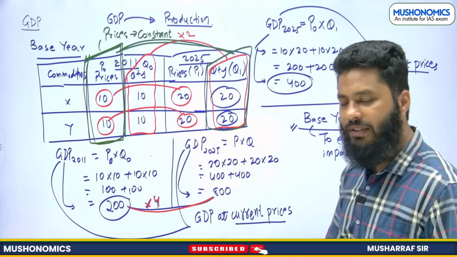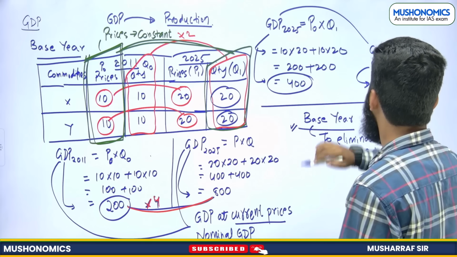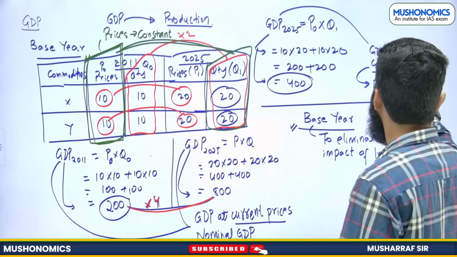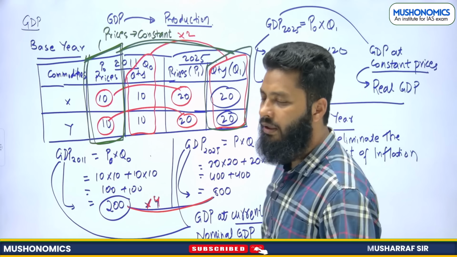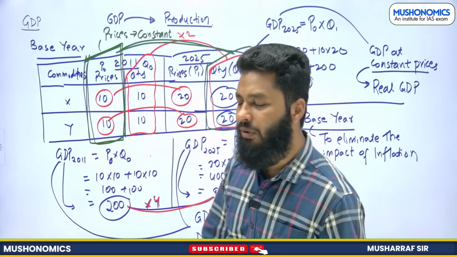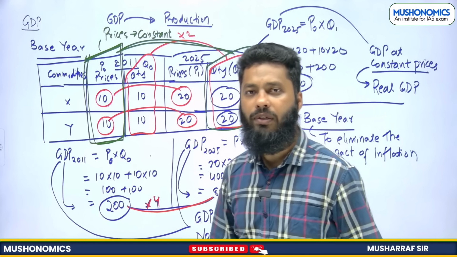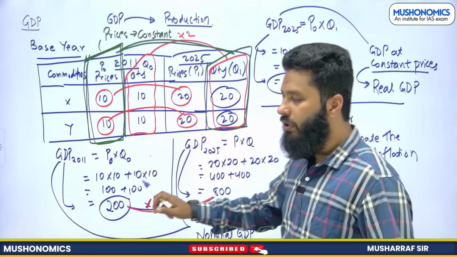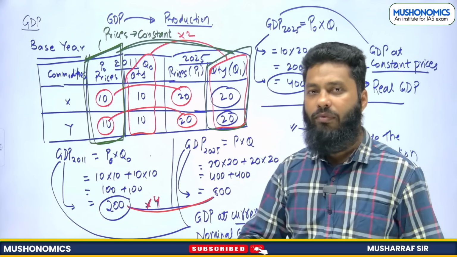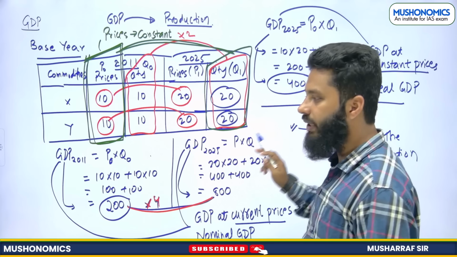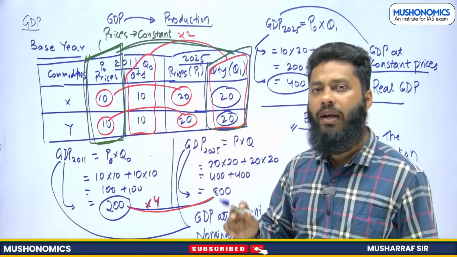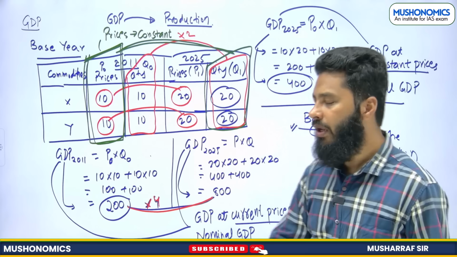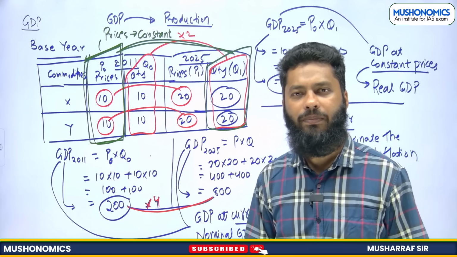Whereas GDP at constant prices is also known as real GDP, which only talks about the increase in production and not about the increase in inflation. The impact of inflation is eliminated by calculating real GDP.